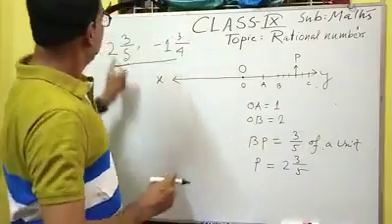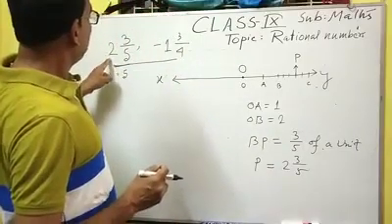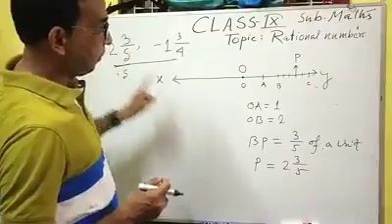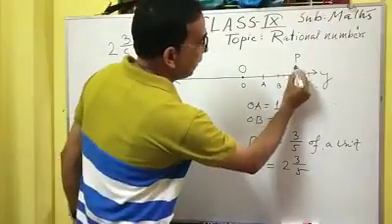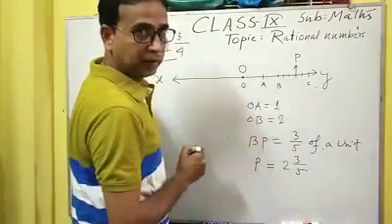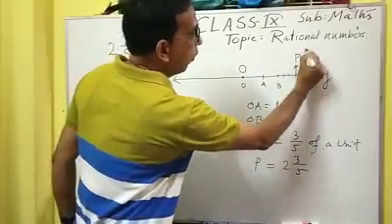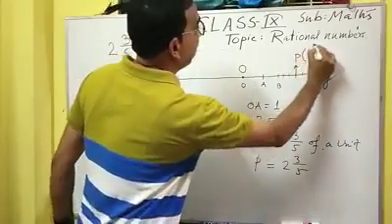So the rational number 2 whole 3 by 5 is represented by the point P. This is 2 whole 3 by 5.